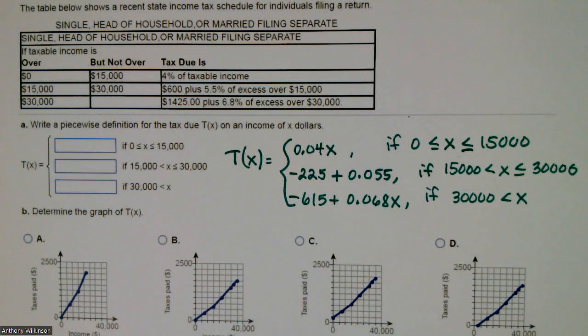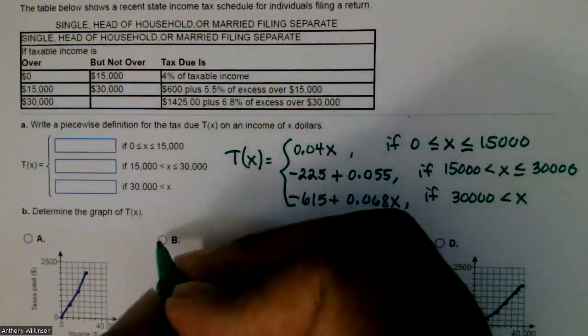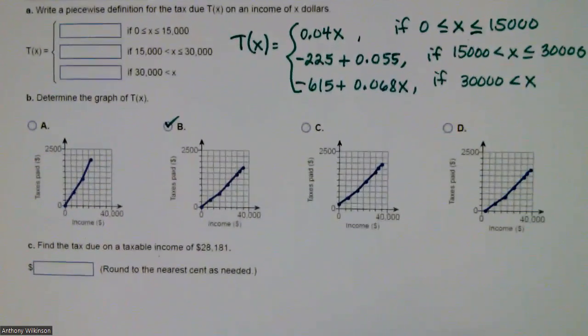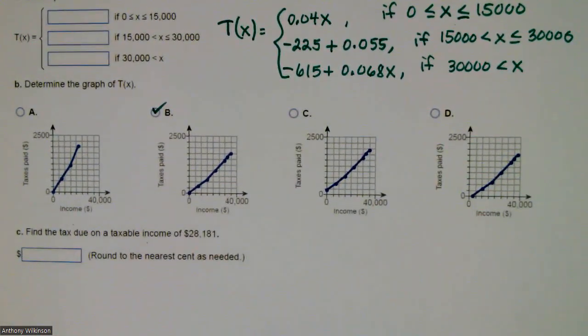Now, part B is determining the graph of T of x. I'm going to eliminate part B in the homework, but actually it would be answer B for that. But part C says this: find the tax due on taxable income of $28,181.